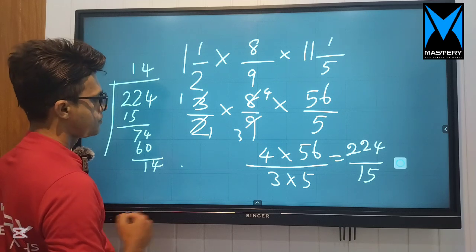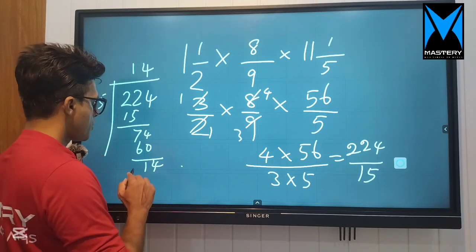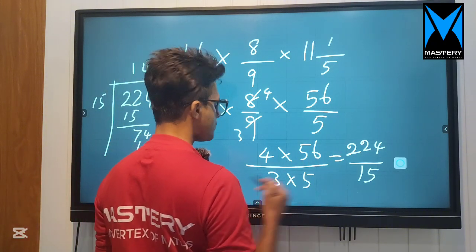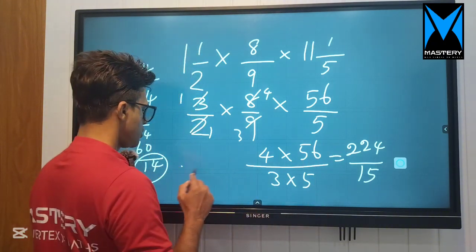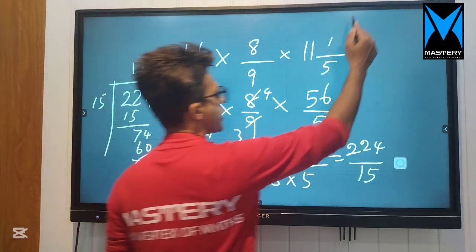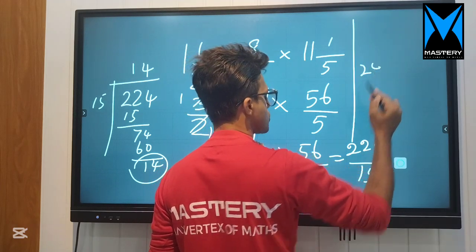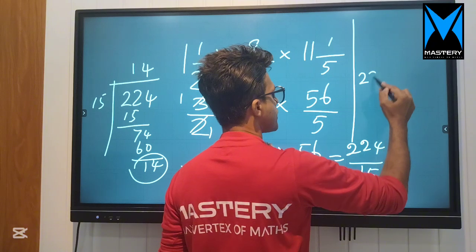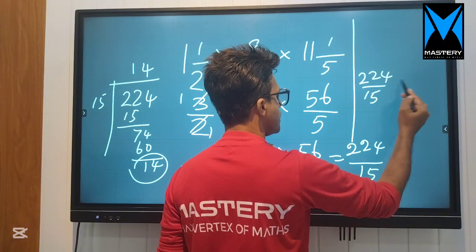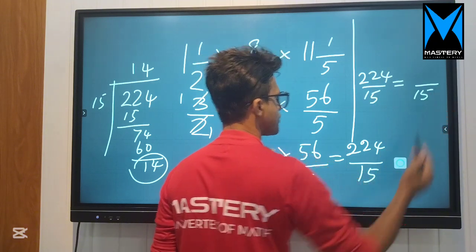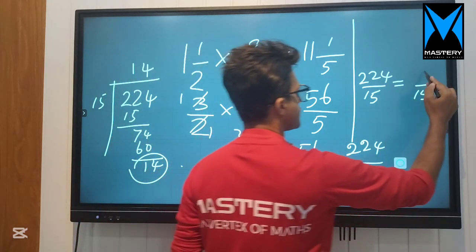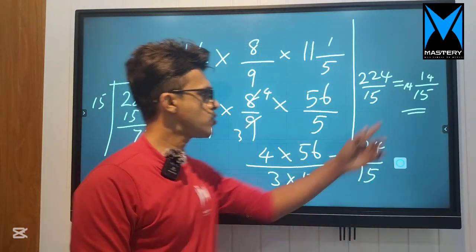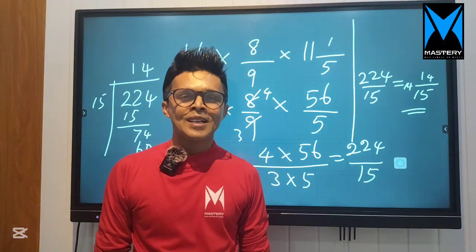So the answer is 224 over 15, where the denominator value is 15 and the remainder is 14. So 14 and 14 over 15 is the answer.